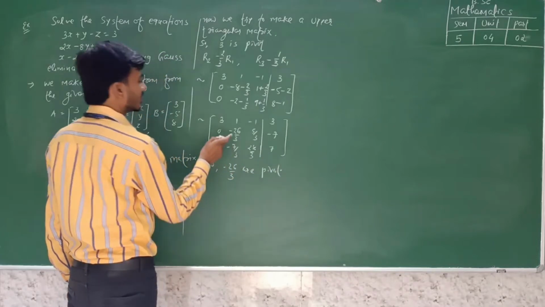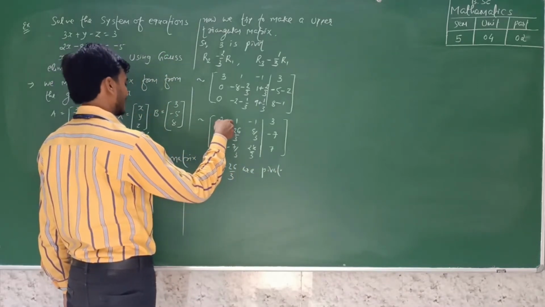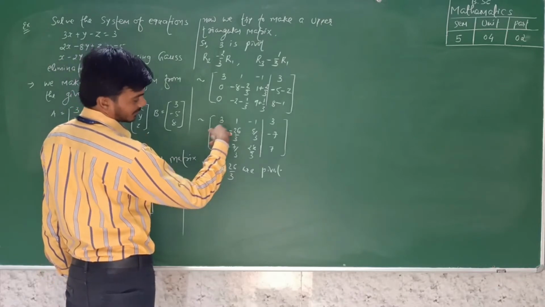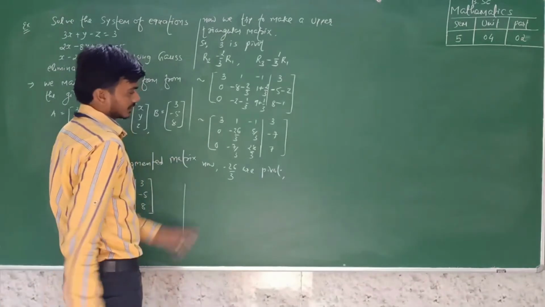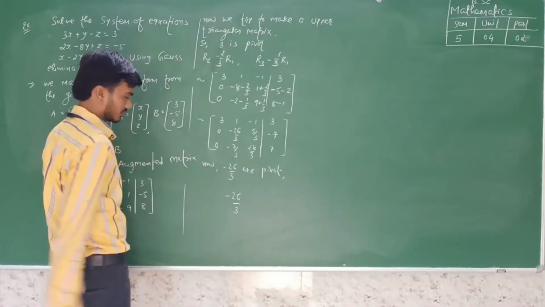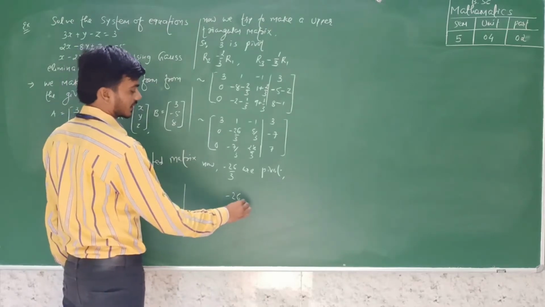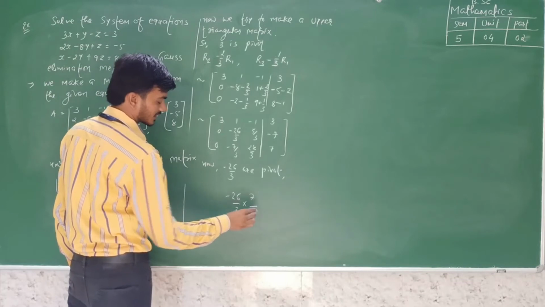So what value are we multiplying, minus 20 by 6, minus 26 upon 3 and adding into the third row. So minus 20 by 6, minus 26 by 3 into 7 by 26.